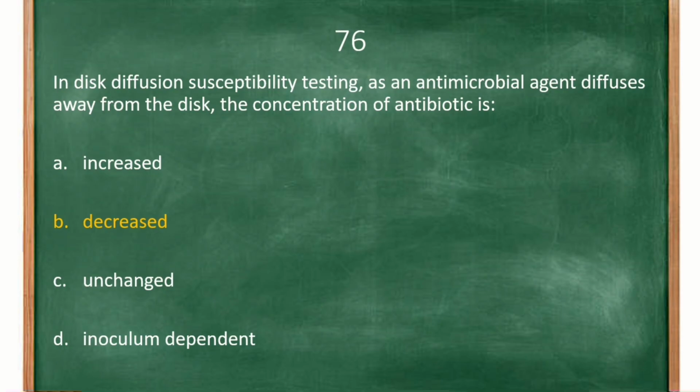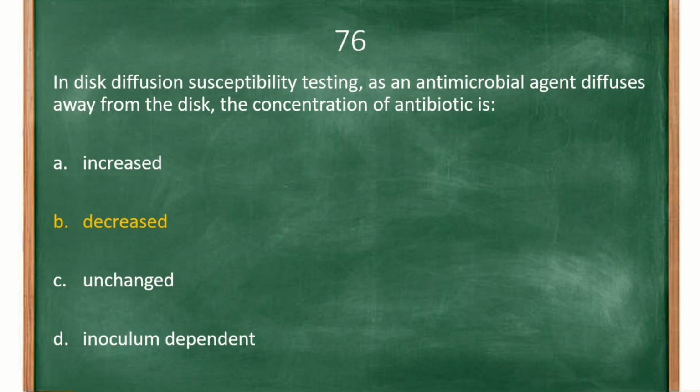So this question is basically saying that when you have plated and you have put your antimicrobial disc on the plate, as the antimicrobial agent diffuses into the agar, what will happen to the concentration of the antibiotic?